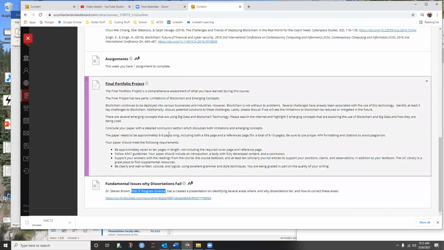Okay, so 6 to 8 pages long. Like I said, limitations and emerging concepts of blockchain. It's a comprehensive assessment of what you have learned during this course on blockchain, not anything about data science, which you're welcome to contact the school.